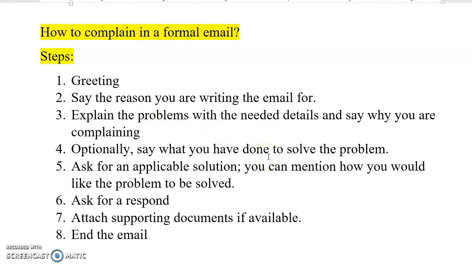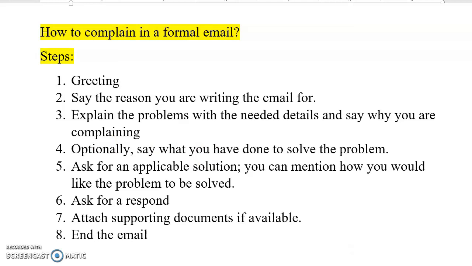Sometimes if you have a problem with networking, with the service of internet, you can mention what you have done. For example, you restarted the device that is responsible for the network coverage. You've done something regarding the quality of the internet, so you can mention what you've done. But this is optional. It's not necessary sometimes.